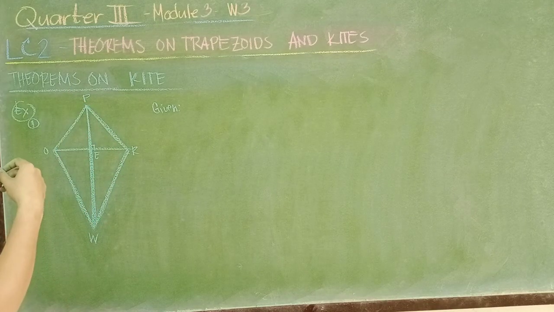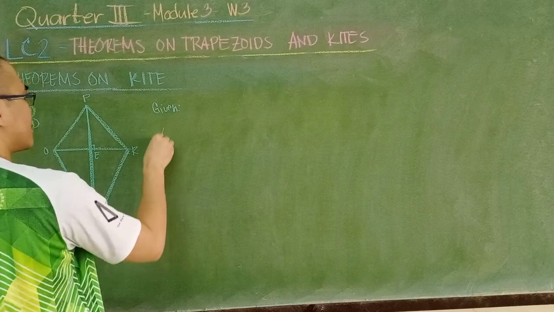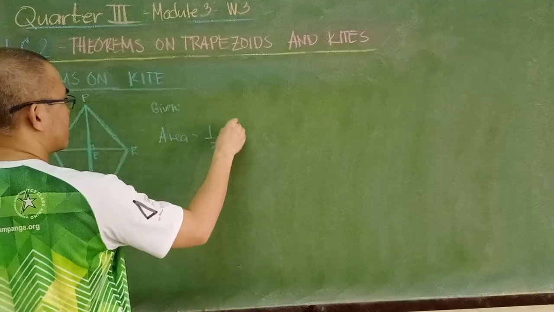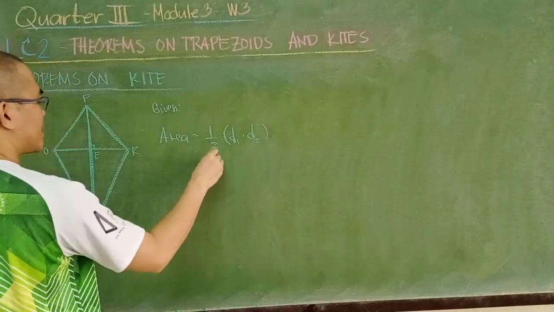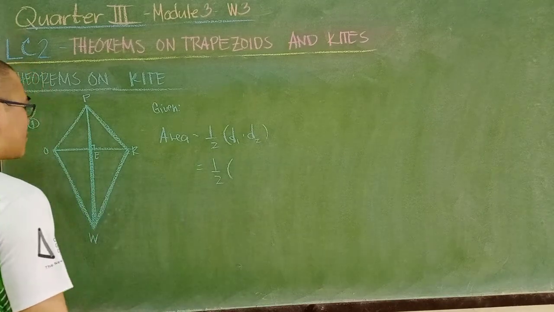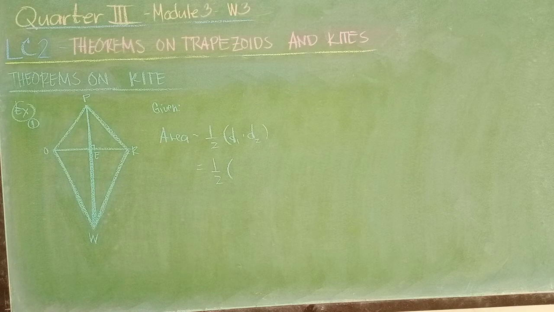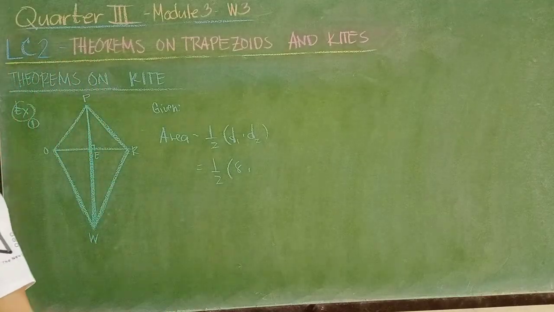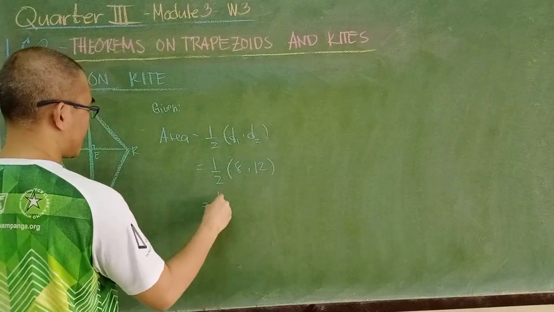So, para makuha yung area ng kite, gagamitin natin yung formula ng kite, which is 1/2 times yung first diagonal times yung second diagonal. So, kalahati ng first diagonal, yung first diagonal natin is equal sa 8 cm, and then yung second diagonal natin is 12 cm.